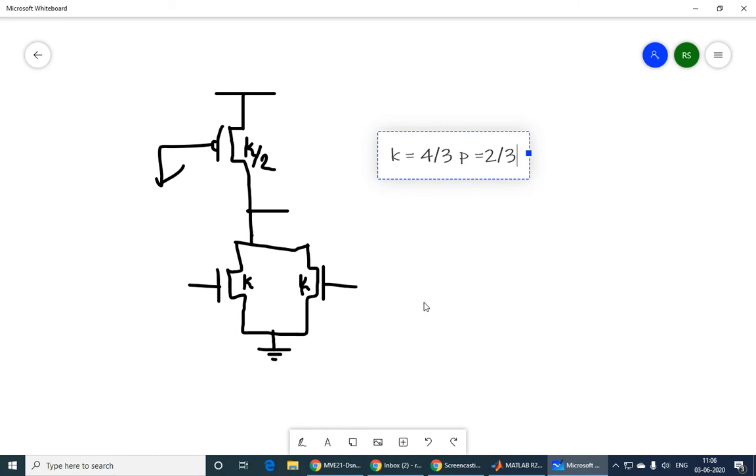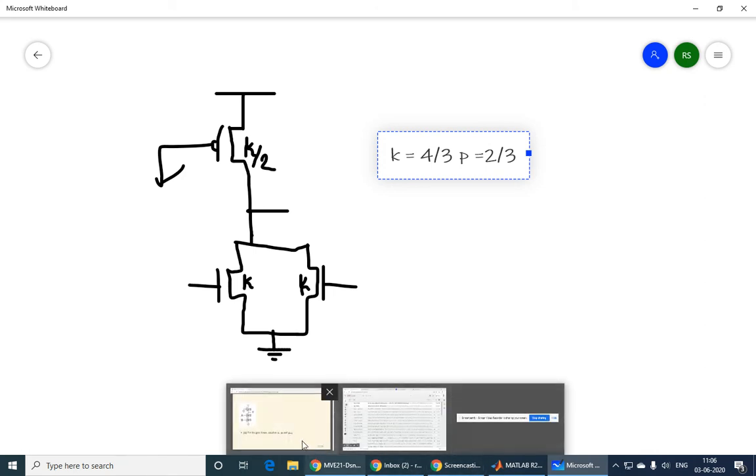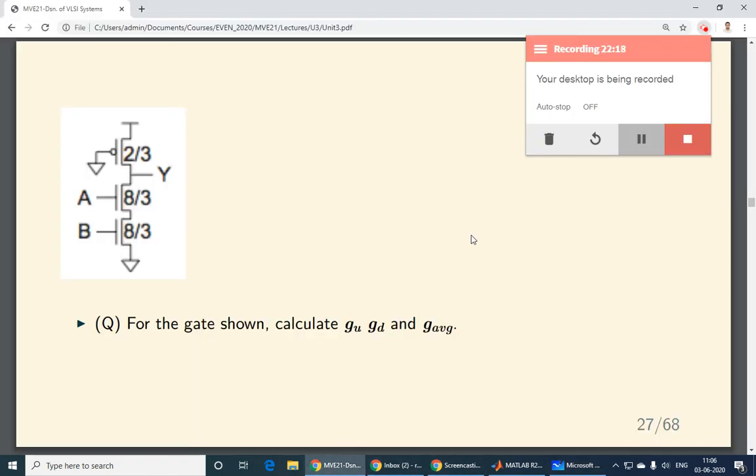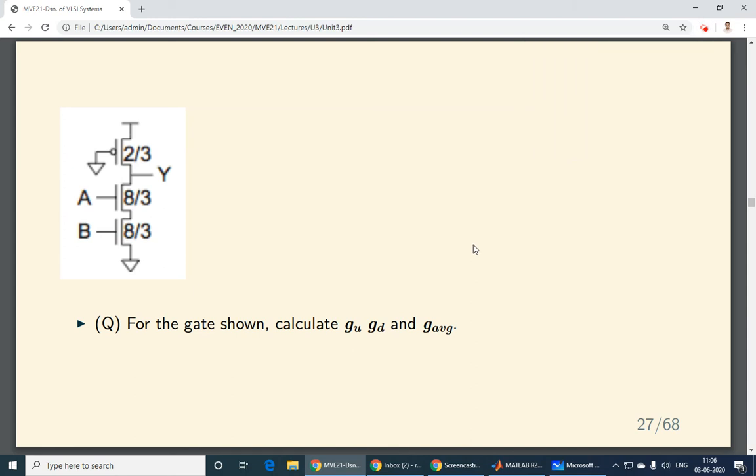So interesting outcome in a 2-input NOR gate. It is the same as an inverter, which is 4 by 9. We did this for a 2-input NOR gate. You can try to do this for a 2-input NAND gate. See if you're getting these sizes: 8 by 3, 8 by 3, and 2 by 3.